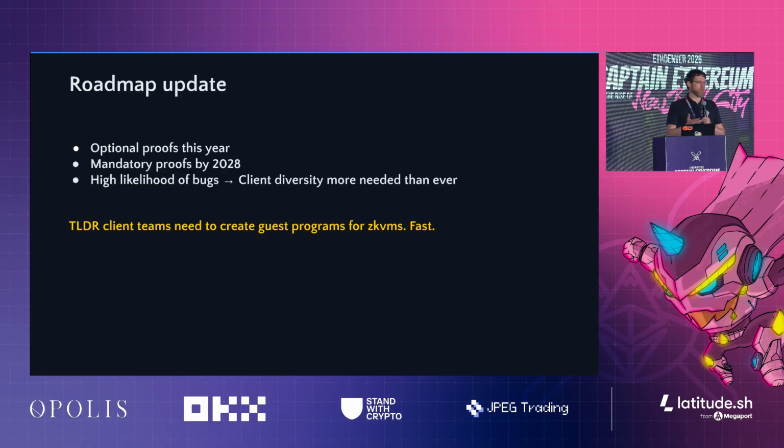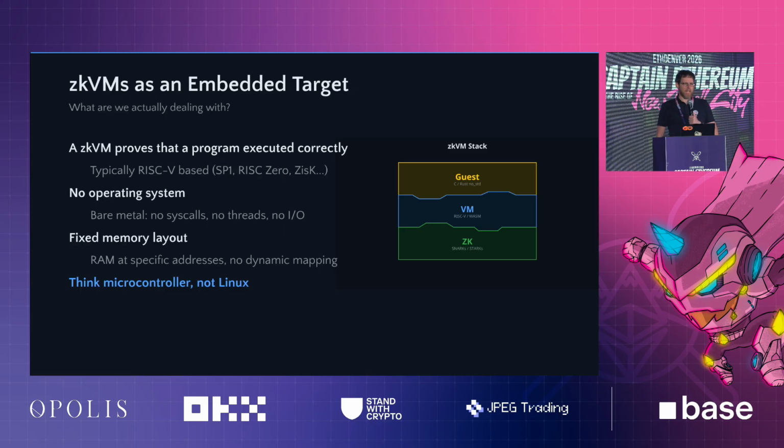And as a result, we want to reuse as much validated code as possible, things that have been running in clients, so that when we drive this car over the cliff, at least we've got our seatbelts on. That means that not only do we need to reuse clients to write those zkVM guest programs, but we also need them fast. And what is a guest program?